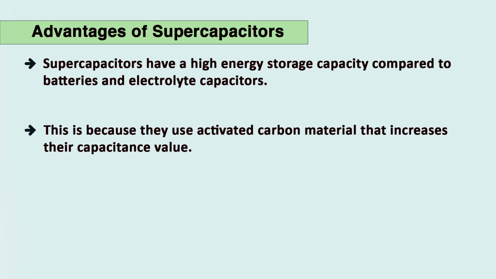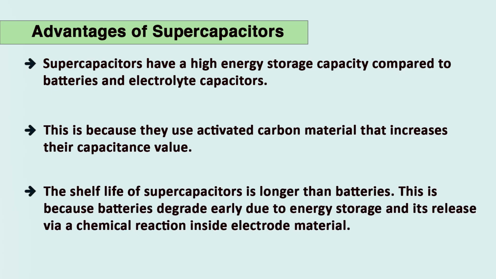This is because they use activated carbon material to increase their capacitance value. The shelf life of a supercapacitor is longer than a battery. This is because a battery degrades early, as energy is stored and released via chemical reaction inside the electrode material.